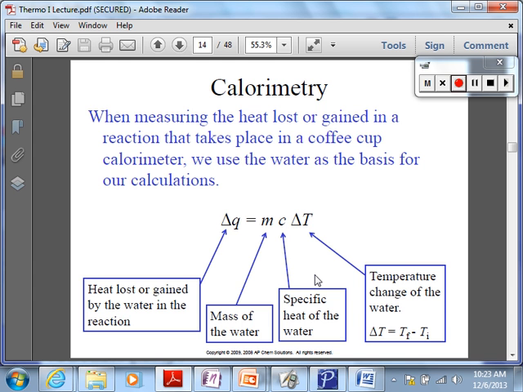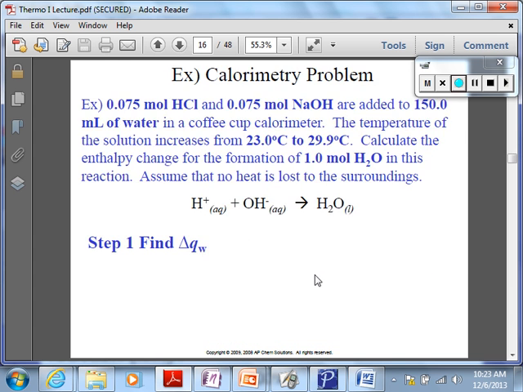All right. Let's do an example. What if we take 0.075 moles of hydrochloric acid and 0.075 moles of sodium hydroxide, and we add them both to 150 milliliters of water in a coffee cup calorimeter. So you see in the question calorimeter, you want to think about your Q equation.